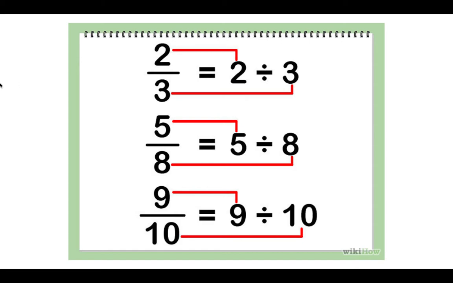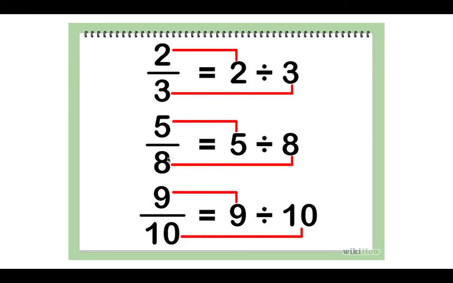We also can think about fractions as dividing. So this is something that you do not need to write down right now, but it is something that you need to be aware of. So if we have 2/3 as a fraction, it's the same thing as 2 divided by 3. 2 out of 3, 2 divided by 3.